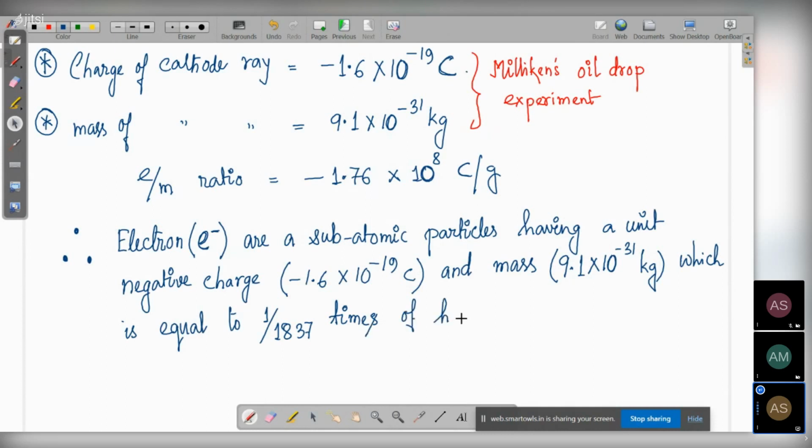So an electron is 1837 times lighter than a hydrogen atom.